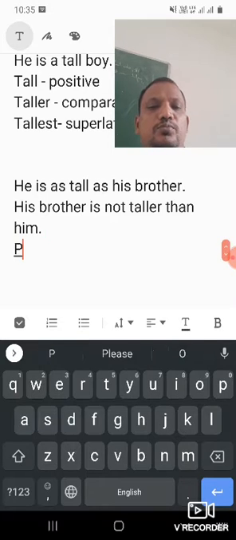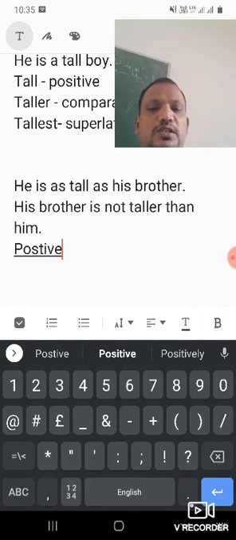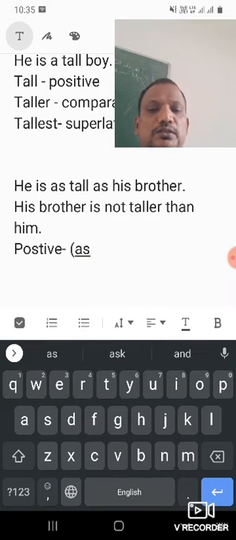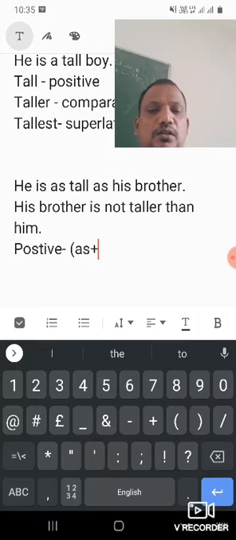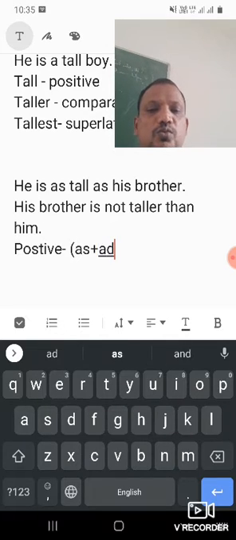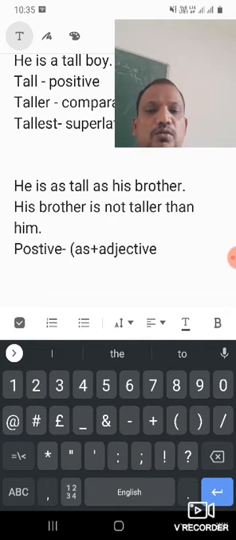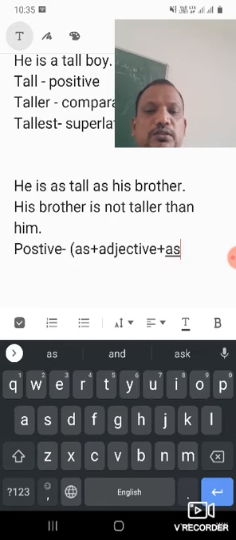So in the positive degree we can see the structure: as, adjective, and as.